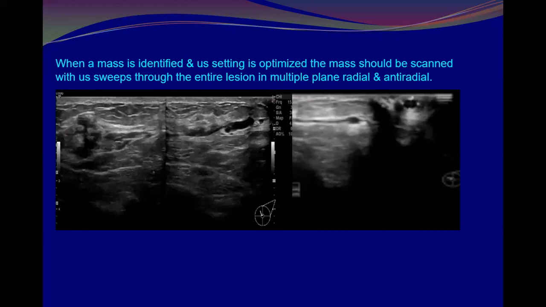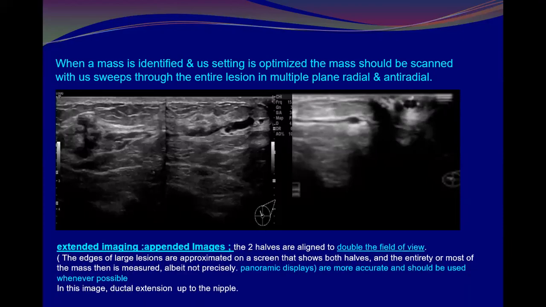But this, we call it appended, or double field view, we cannot use it for measurement. It is not appropriate for measurement, but it is helpful to give us an overall picture of the lesion and its extent without an accurate measurement. This is a different image, but these are split images.